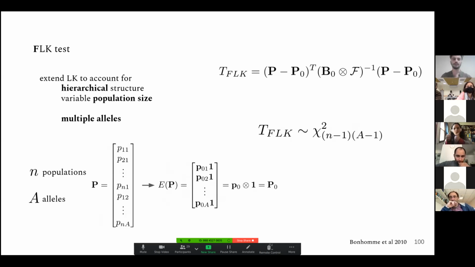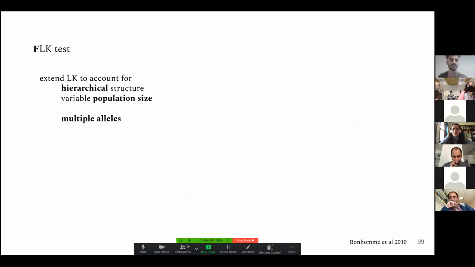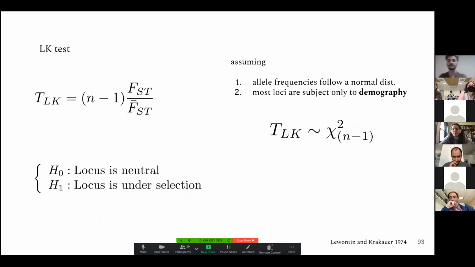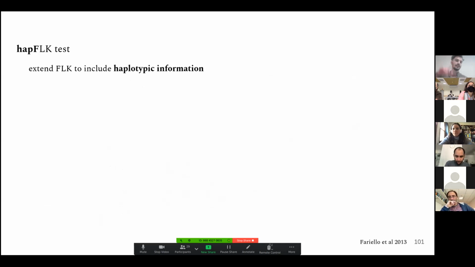Exactly, that is okay. Just like in the normal test, for example, it makes the same assumptions that they are drawn from a normal distribution. So it's the same. Perfect.